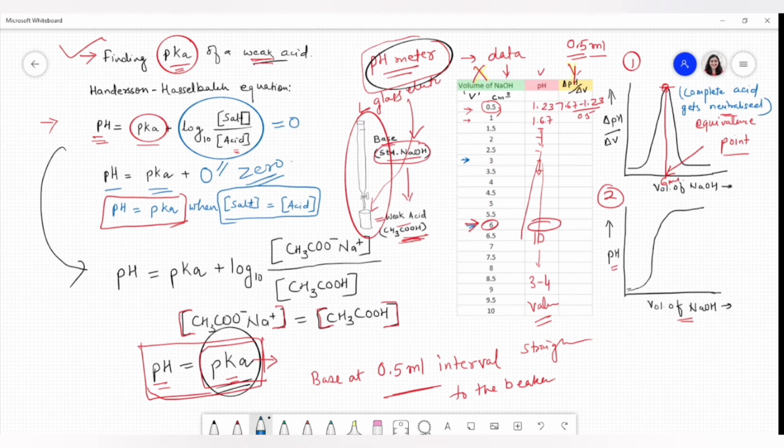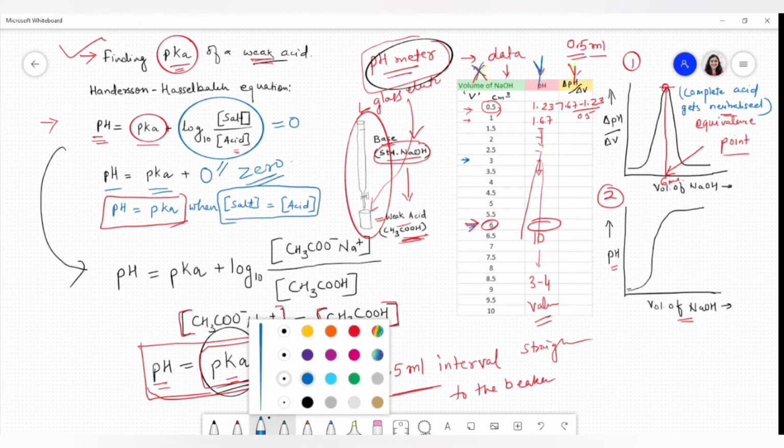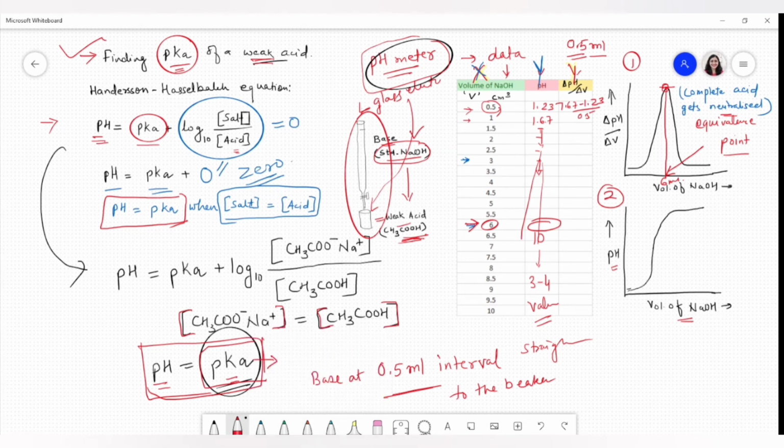So now what changes? The change is you have taken volume of NaOH on the x-axis and pH value on the y-axis. Let's plot a graph over here. So as you can see, this gradually increases first, as I had mentioned that these values will gradually increase.